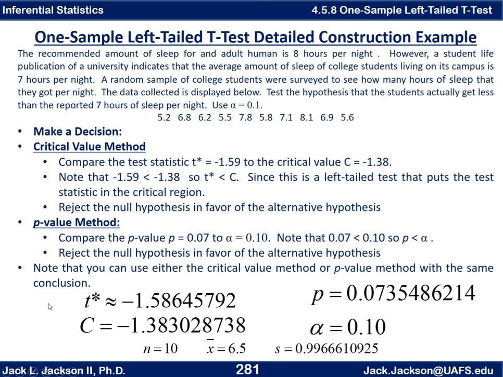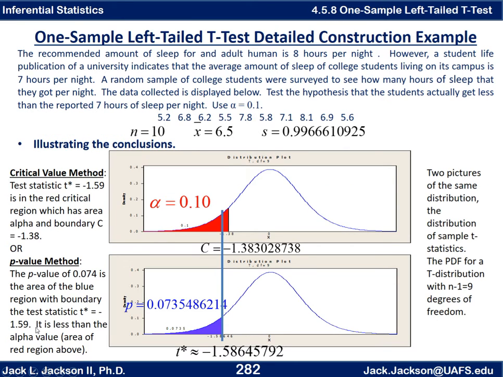If somebody used a different alpha value, like a lot of people like to use 5% or 0.05 for alpha, then our conclusion would be completely different, right? Because the p would be greater than alpha. So this is not really strong evidence that the students got less sleep, but there is enough evidence at the 0.1 level to reject a null hypothesis, but not enough evidence at the 0.05 level. And just reporting the p-value does that.